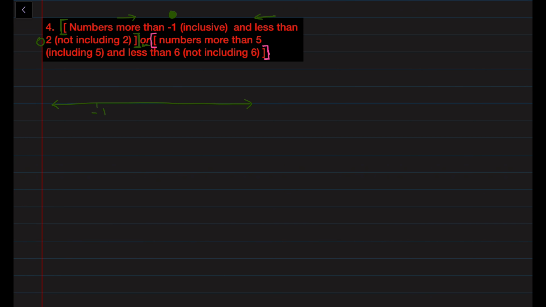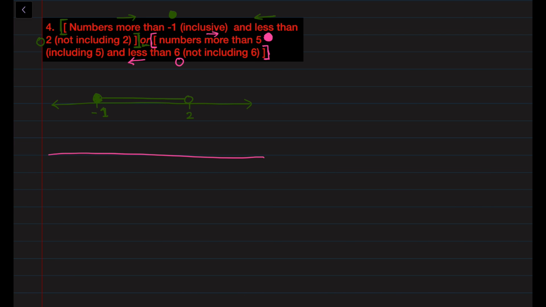We have -1 and we have 2. We're looking at numbers more than -1 and less than 2. So we can connect it like this. And this would be our answer for the first part. For the second part, we're looking for numbers that are more than 5, and we're including 5, and less than 6, and we're not including 6.